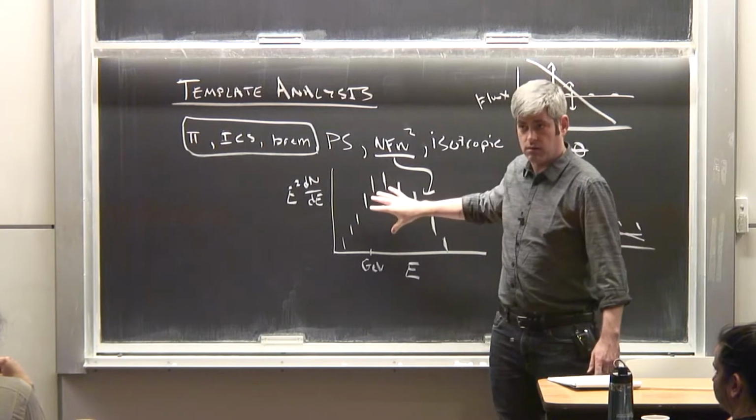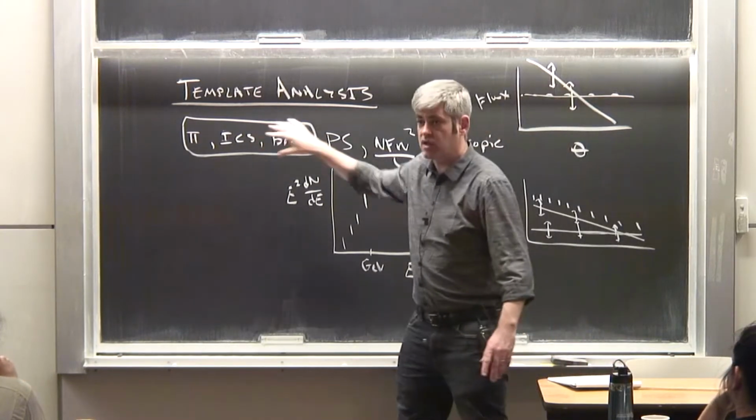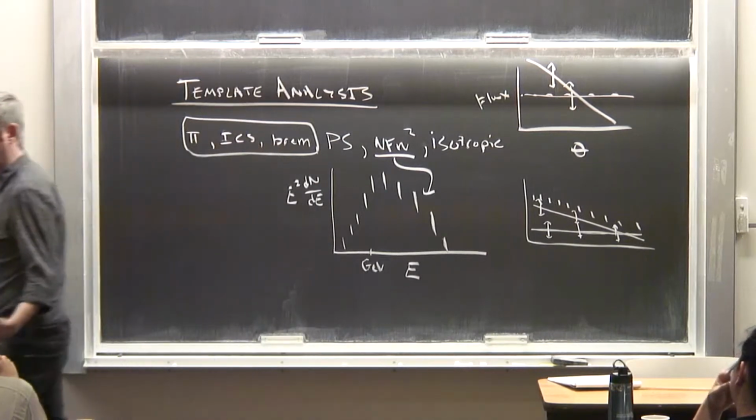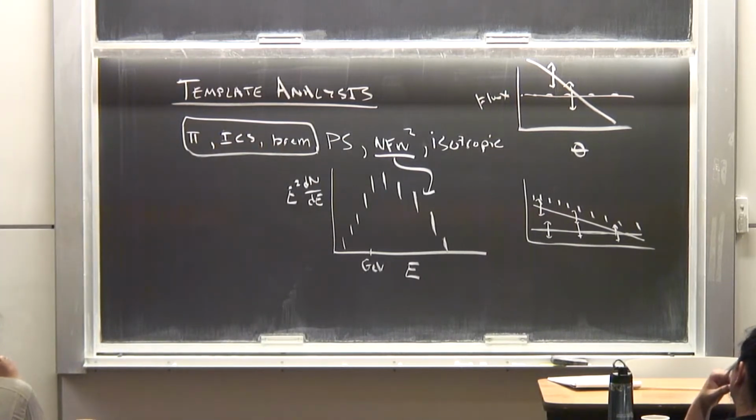Now I could plot something analogous to this for each template in my fit, and it would tell you what the spectrum from that physical set of processes is. So the fit determines all of those coefficients. But usually we just plot the excess one because that's the one people are trying to extract. The others are not nearly as interesting, of course.